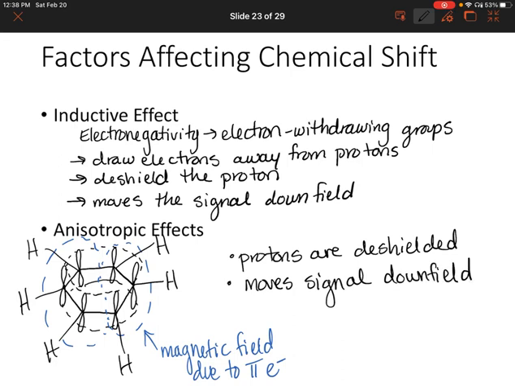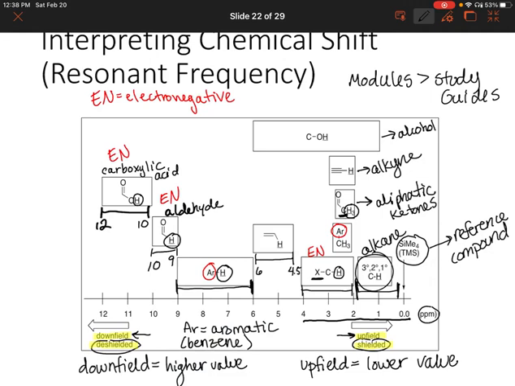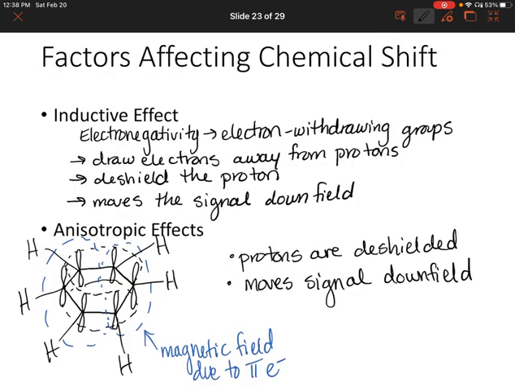So if we look at our chart on the last slide, again, any aromatic protons or benzene protons are pretty downfield. They're between 6 and 9. And again, that's just due to the fact that the protons are de-shielded by that magnetic field that's generated from the delocalized electrons.